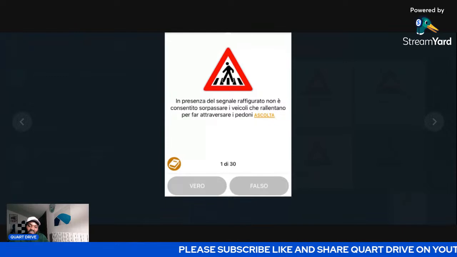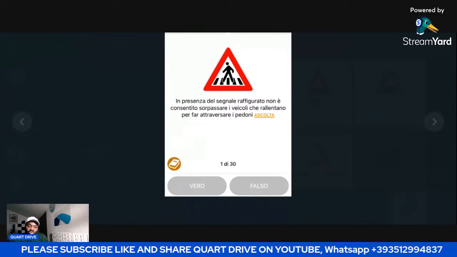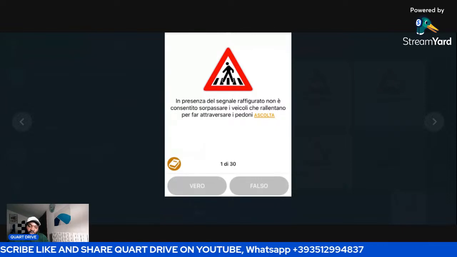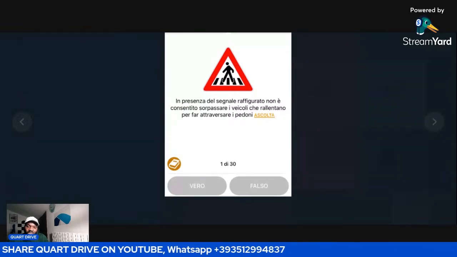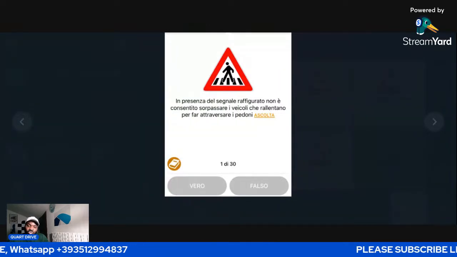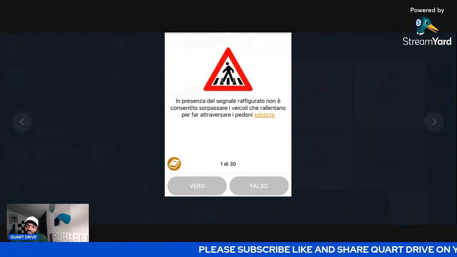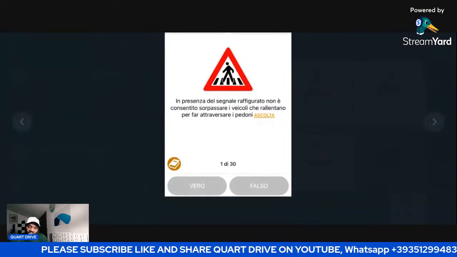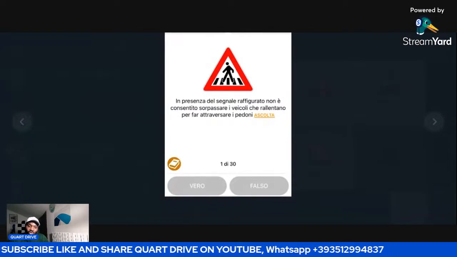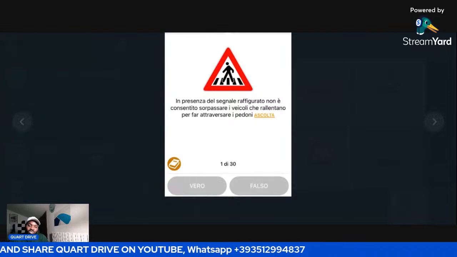So you have to wait very patiently, because if the car in front of you is stopped and you overtake it, and there is a zebra crossing there, an attraversamento pedonale, and someone is on the lane crossing and you knock the person down, first of all you are committing double offenses of not giving precedenza to the people crossing and also overtaking the car which is in front of you.